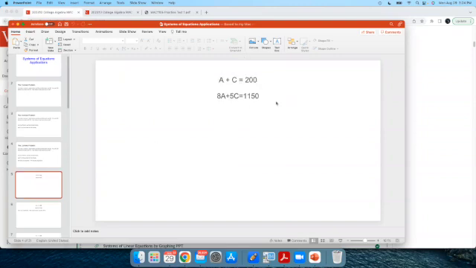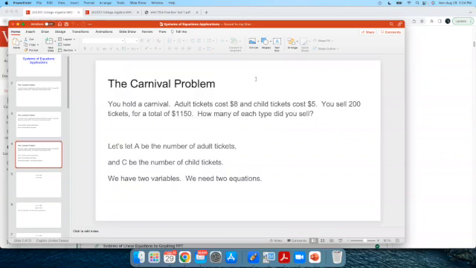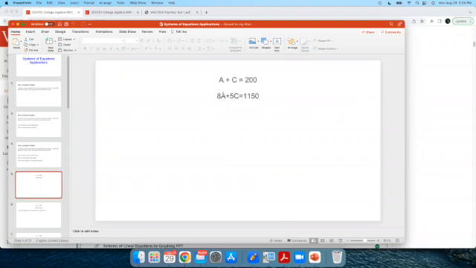That's my first equation. Then how much money did I make off the adult? So I made $8 a ticket. I sold A tickets. I made 8A off the adults and 5C off the kids. How much money did I make total? $1,150. There's my money equation. Here's my ticket equation and my money equation.